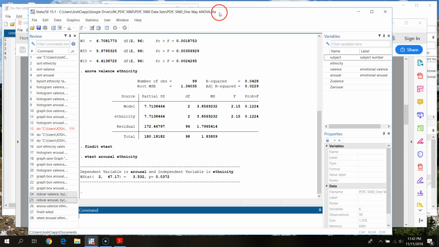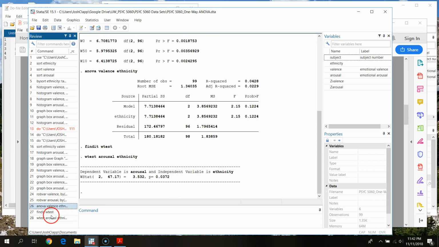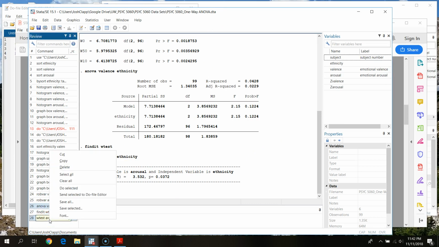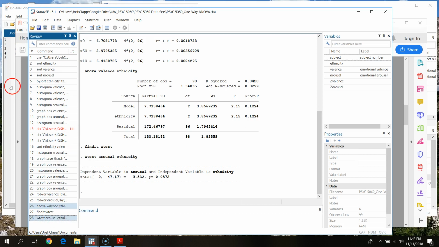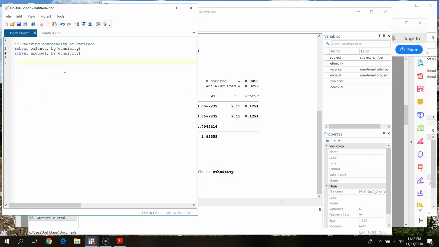So if we want to start back with our, well, let's first copy so to keep our do file up to speed. So we can go through one ANOVA.